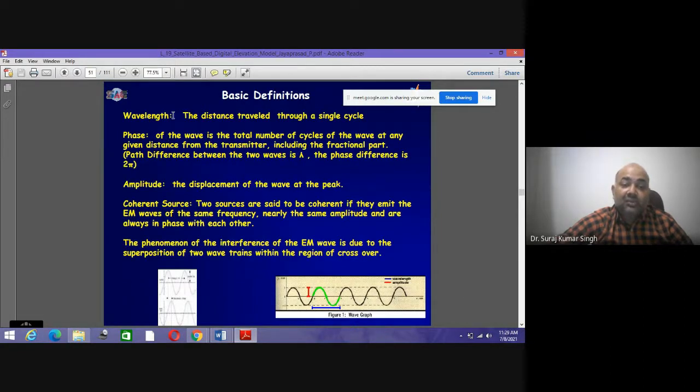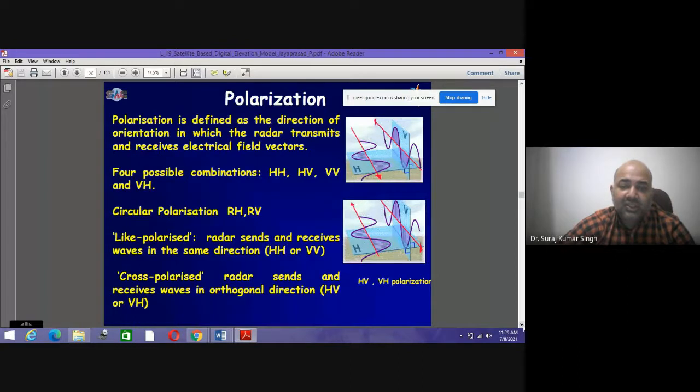Wavelength is the distance traveled through a single cycle. Phase relates to the number of cycles of a wave, that is the frequency. Then amplitude, that is the displacement of the wave at the peak, then coherent source. We have already completed all this in our first semester exercises.